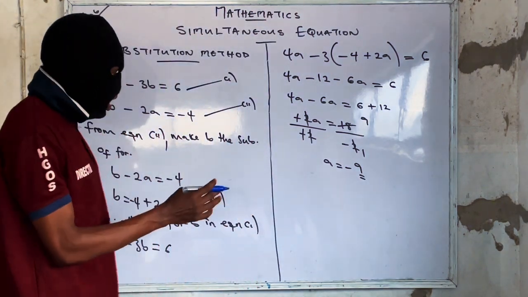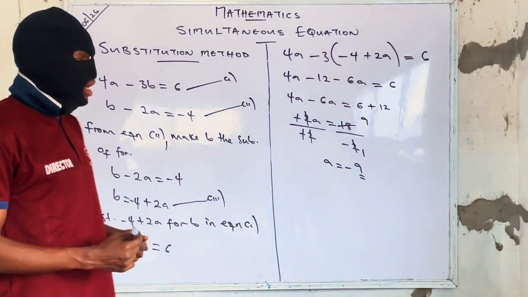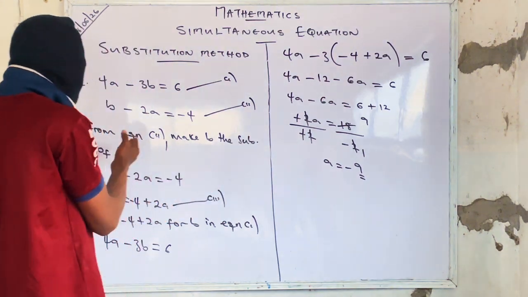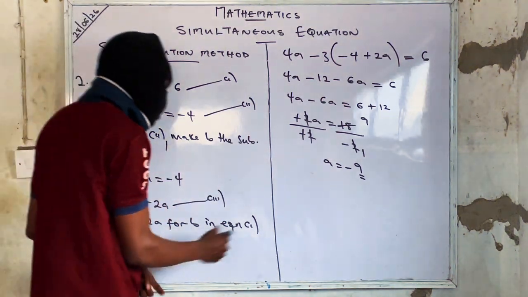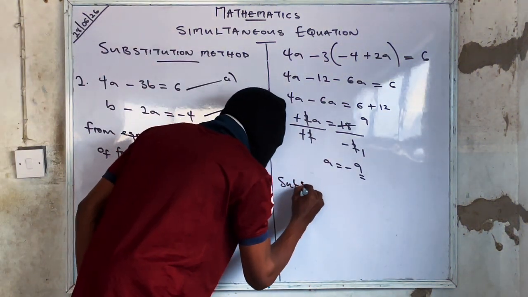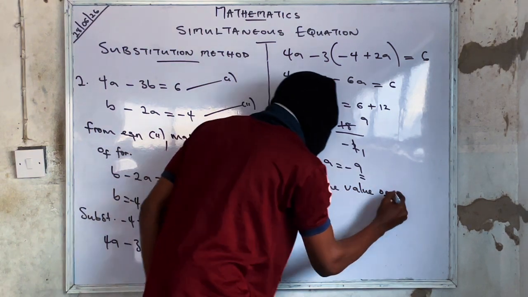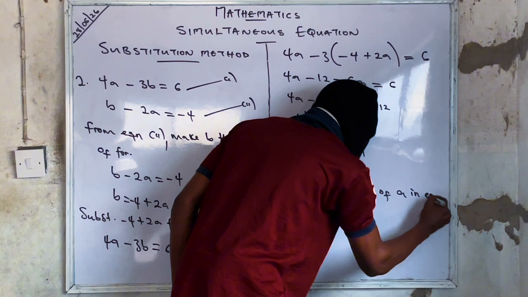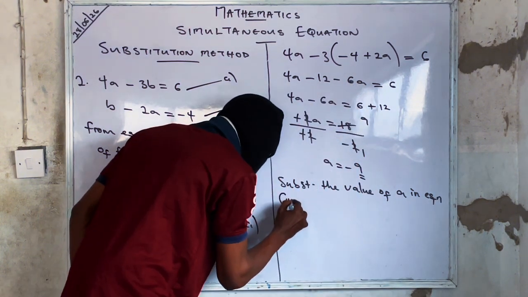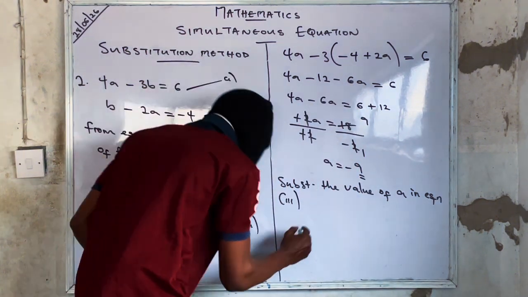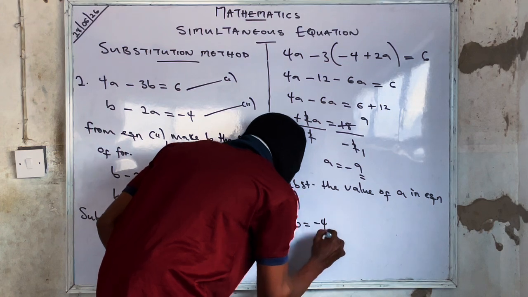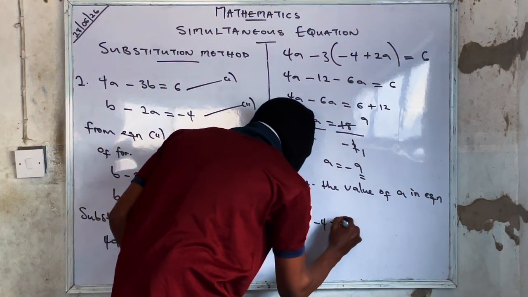Now you have gotten your a. Since you have gotten the value of a, substitute the value of a in equation 3. Your equation 3 is B equals to minus 4 plus 2a.